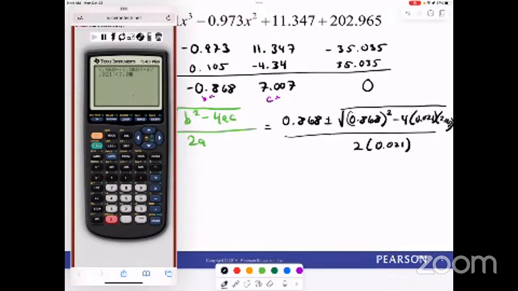Okay. Let's close off that square root and close off the numerator. We're going to say divided by 2 times 0.021. Okay. So we get this result, 11 years.